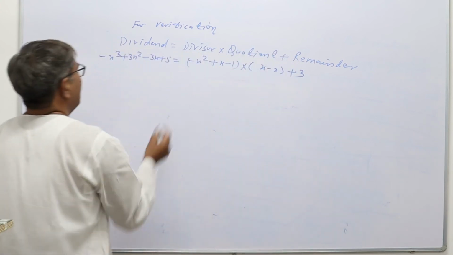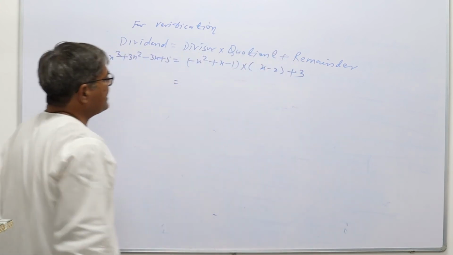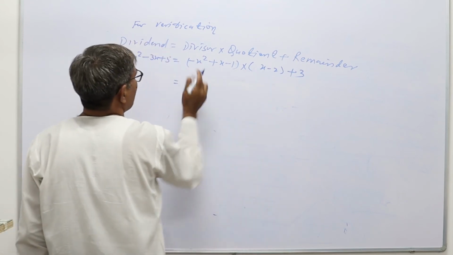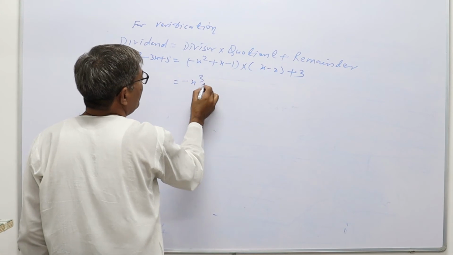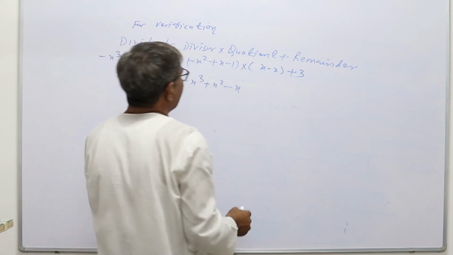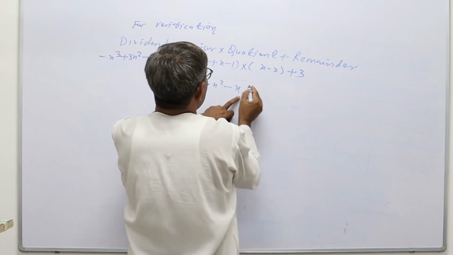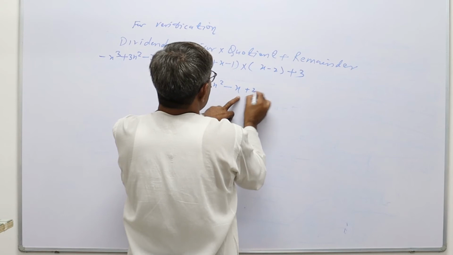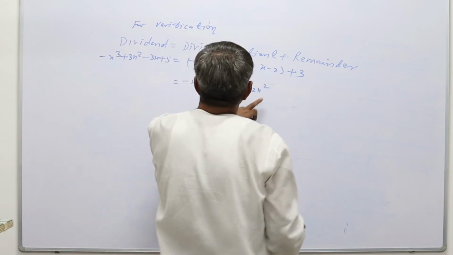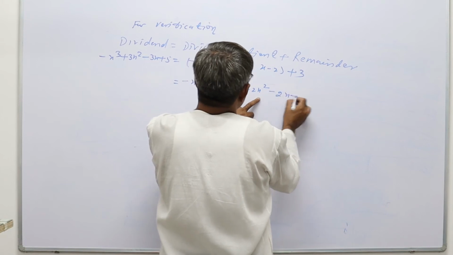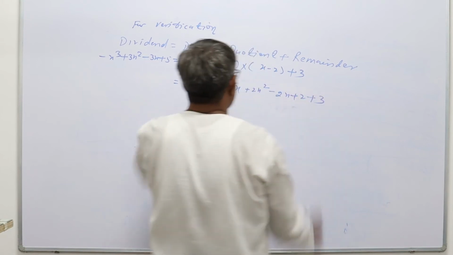So here in the right hand side, multiply first x by this, so x into minus x cube plus x square minus x, then by minus 2, so minus x square into minus 2 plus 2x square, then minus of 2x plus of 2 plus of 3.